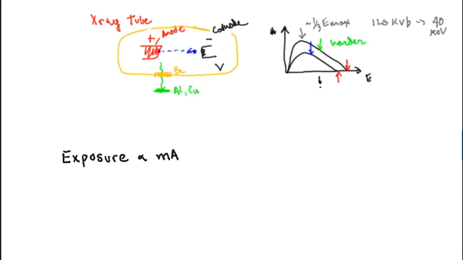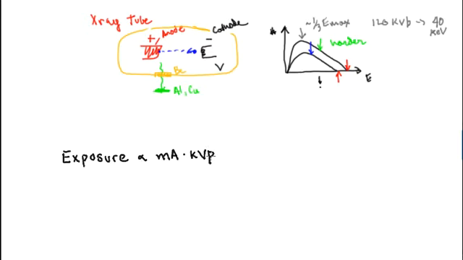Another way to get more photons at the detector is to have more penetration through the patient. That's either a thinner patient or a harder spectrum, like the green versus the blue, for example. A harder spectrum means higher kVp, so the number of photons is going to go up with kVp. It doesn't go linearly with kVp, though.